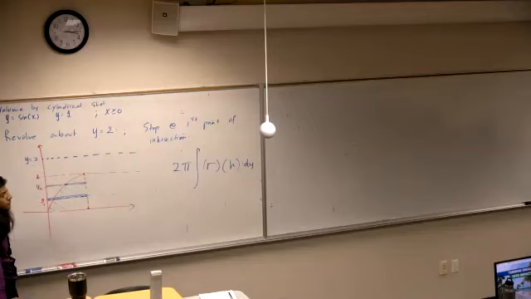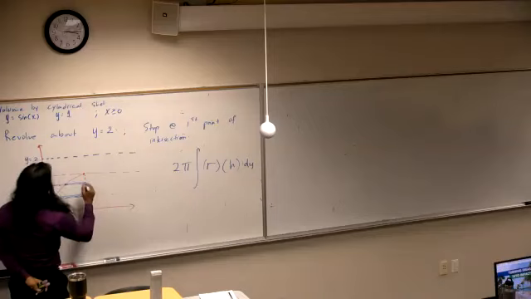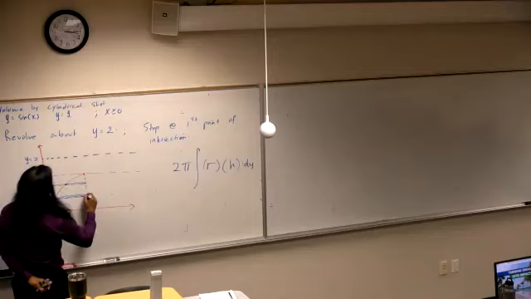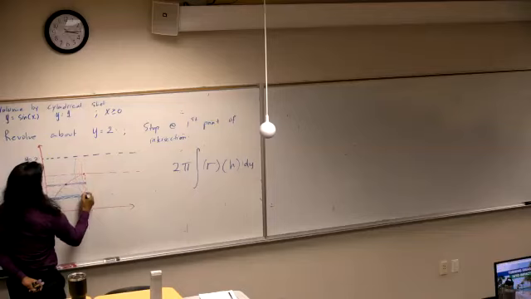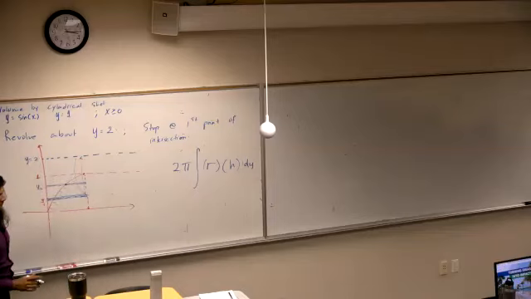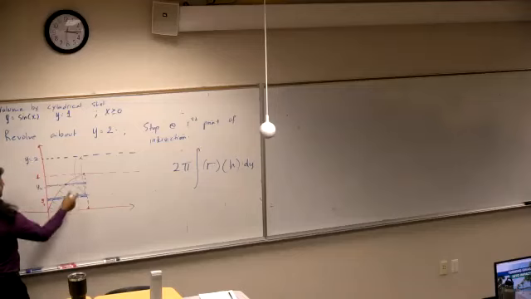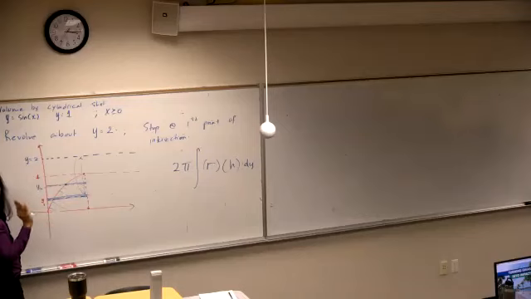Okay. That is for my radius part. Good. So the height part is right here. What we want is this. Caleb is telling me that should be x minus f of x.